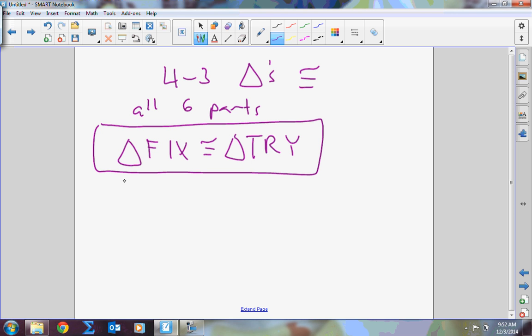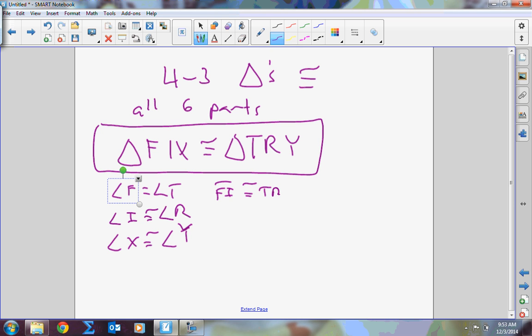And those 6 things are angle F congruent to angle T, angle I congruent to angle R, angle X congruent to angle Y, and FI would be congruent to TR, and IX would be congruent to RY, and FX would be congruent to TY.